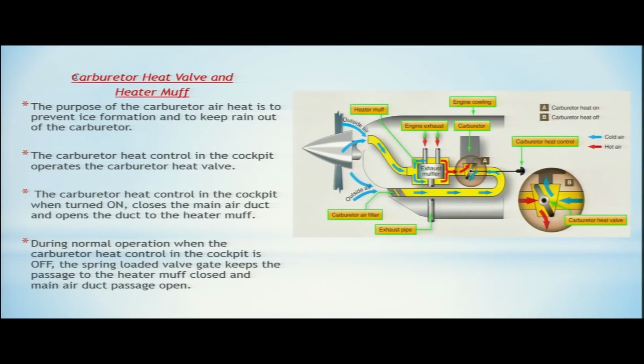In the normal case, when the carburetor heat control is off, this valve keeps the passage to the warm air obstructed, and the cold air passage is open and the cold air goes to the carburetor. That is the normal case. This valve is spring loaded. In the normal case, it keeps the passage of the cold air open, and when it is turned on, it closes the passage of the cold air and opens the passage of the warm air to the carburetor.